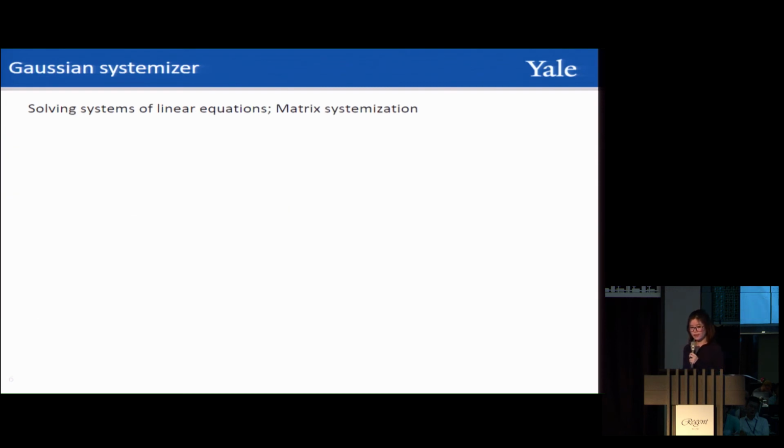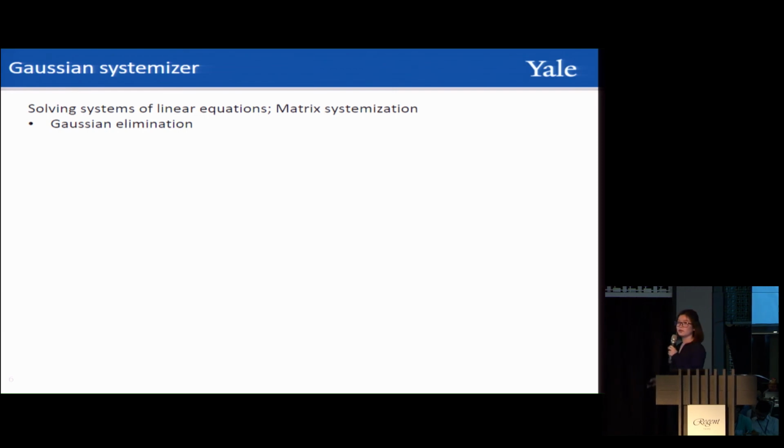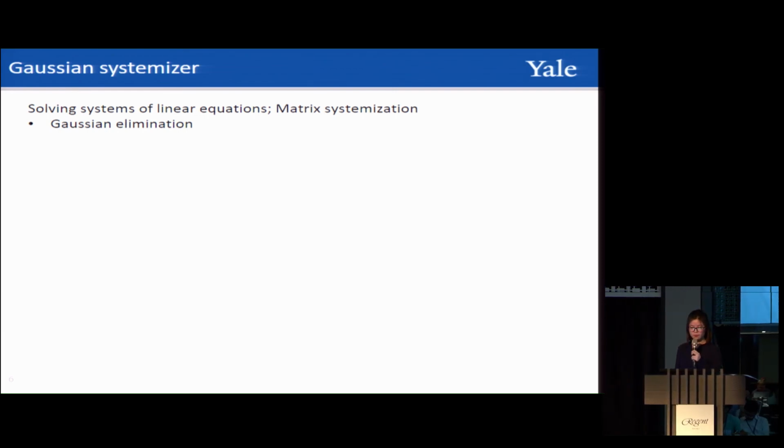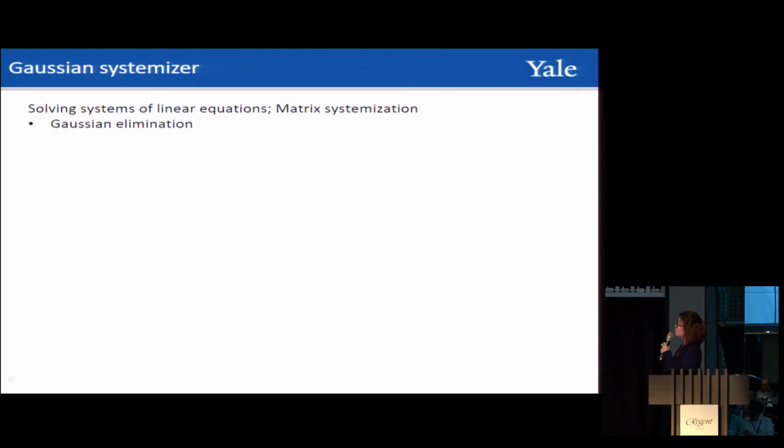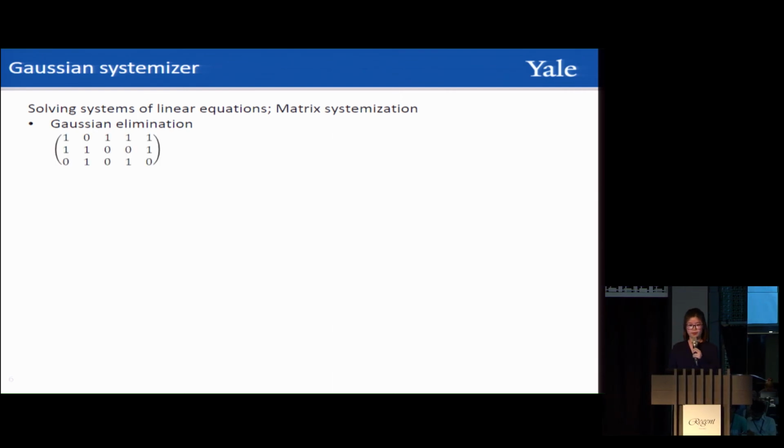So first is a Gaussian systemizer, which can be used to solve systems of linear equations or matrix systemizations. So generally, people use Gaussian elimination, which I think you will know more or less about this algorithm. So how does it work?